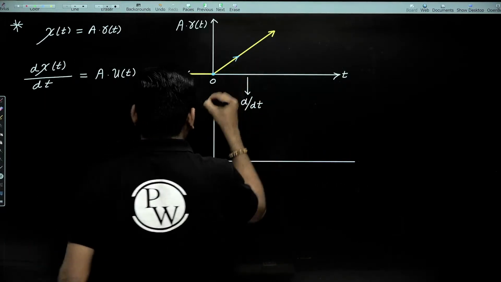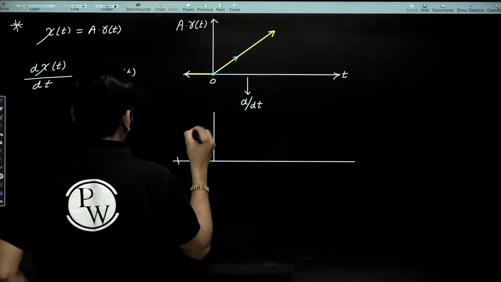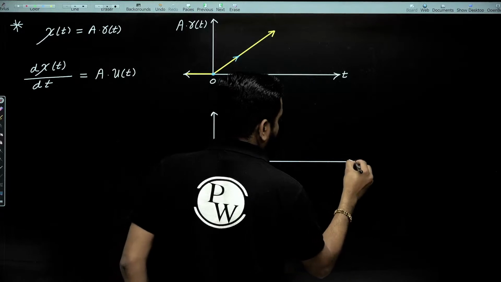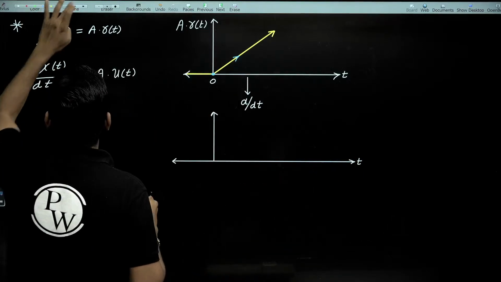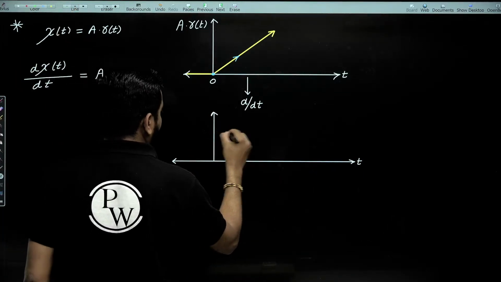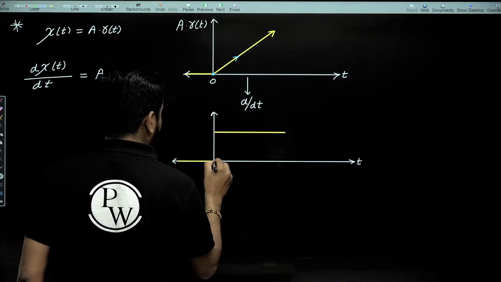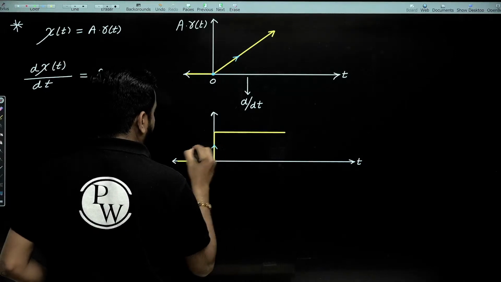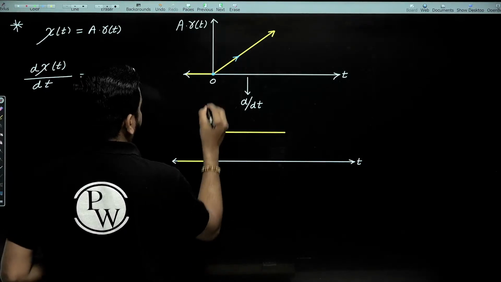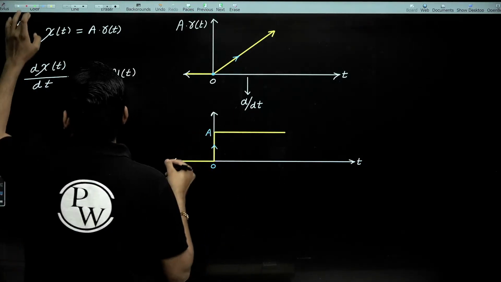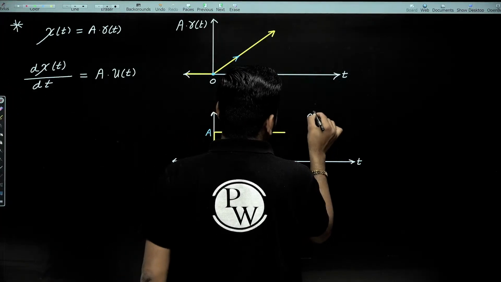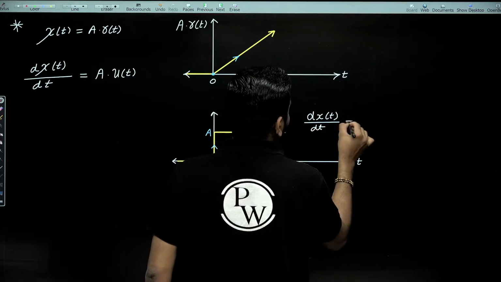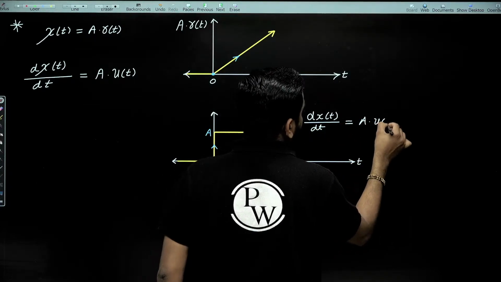If this is right sided, then this differentiation is also right sided. So here you can see the step function like this, correct? And here now this is a, guys. So dx of t by dt is nothing but a into u of t.